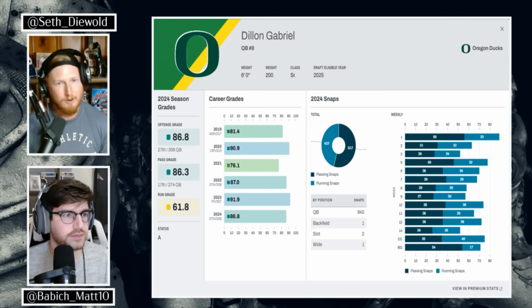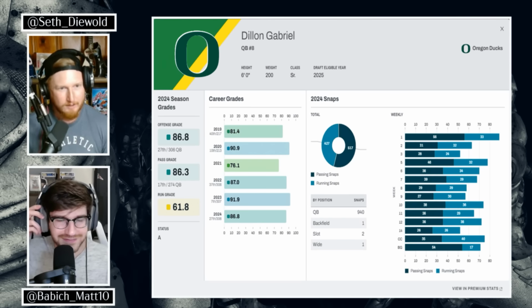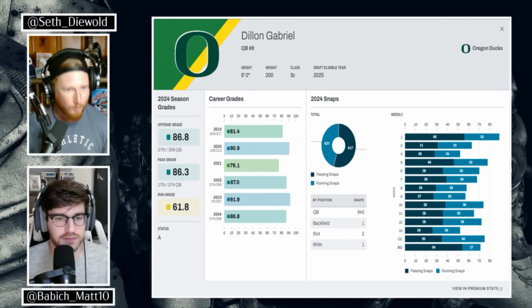So I know he's a little bit smaller. He's 6 feet tall, just a hair over 200 pounds. But have we ever seen a small quarterback succeed at the NFL level? I mean, it's darn near impossible. Drew Brees was terrible. Tua's horrible.